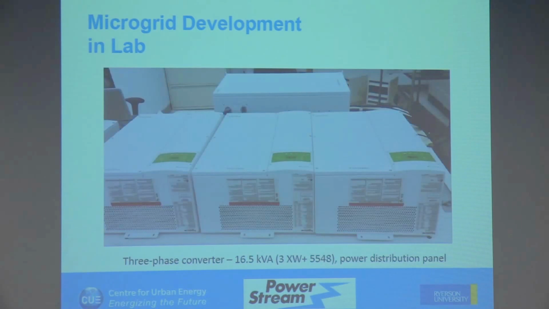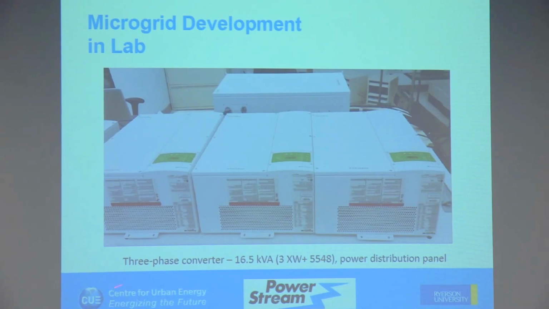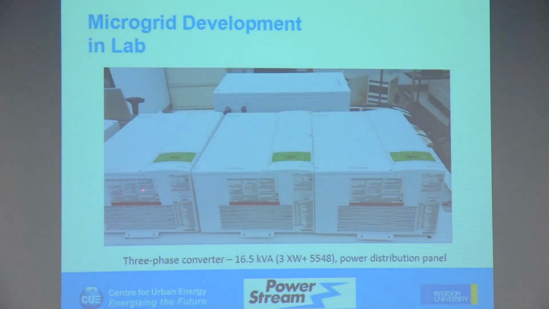All right. I have some nice visuals. This is the 3-phase inverter which we see here. This inverter right here is this one. Now this has multiple modes of operation.